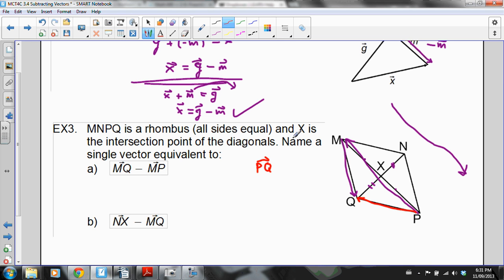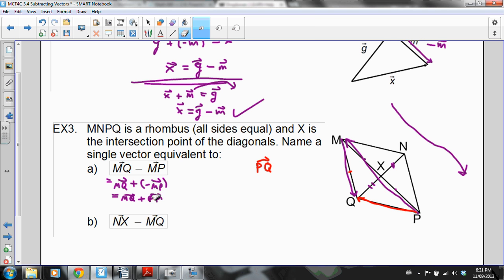I want to show you how, in letters, what we did. We're thinking of what vector is the opposite of MP. And it's easy when they're labeled like this because you switch the order of the letters and then you get the opposite vector. The opposite vector to MP was PM.